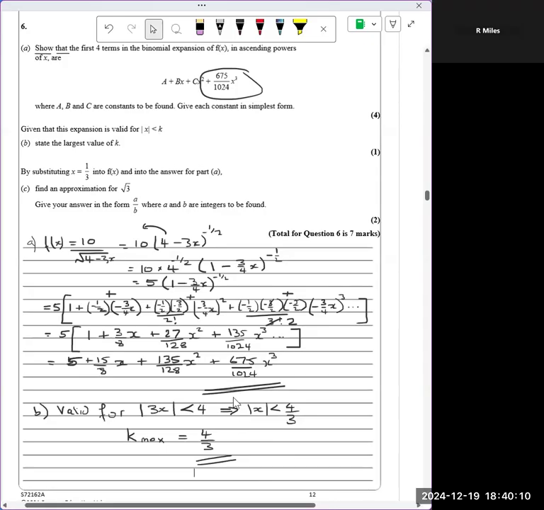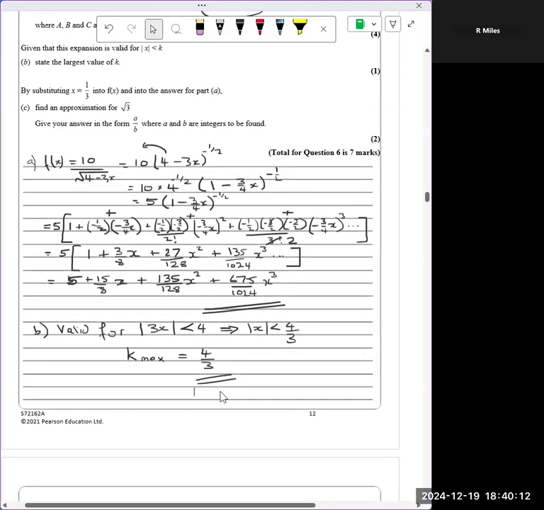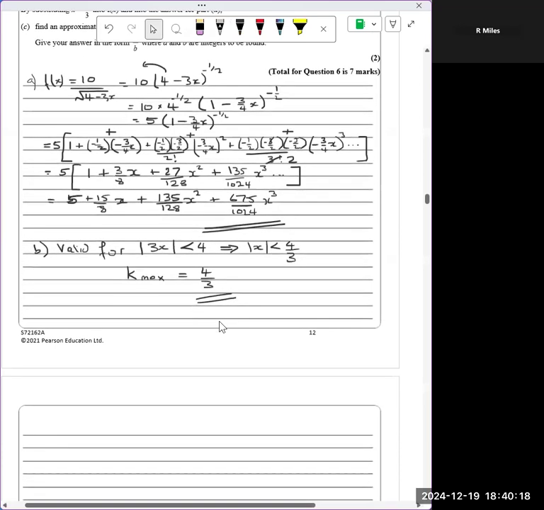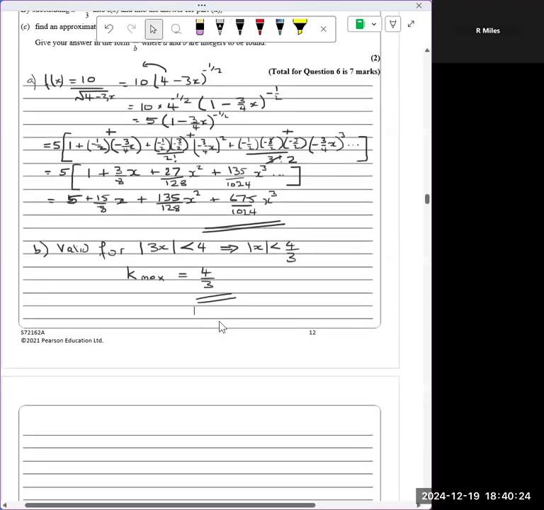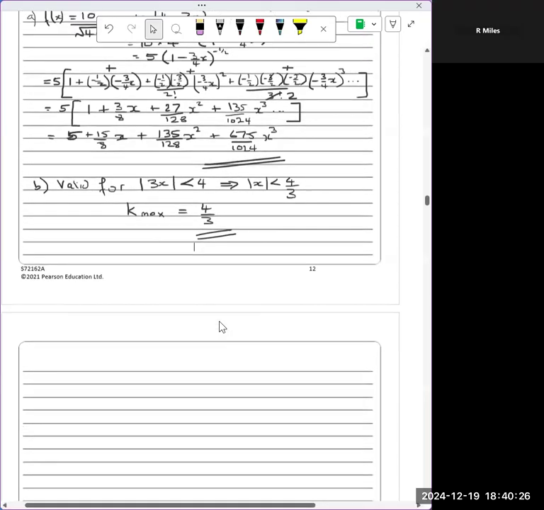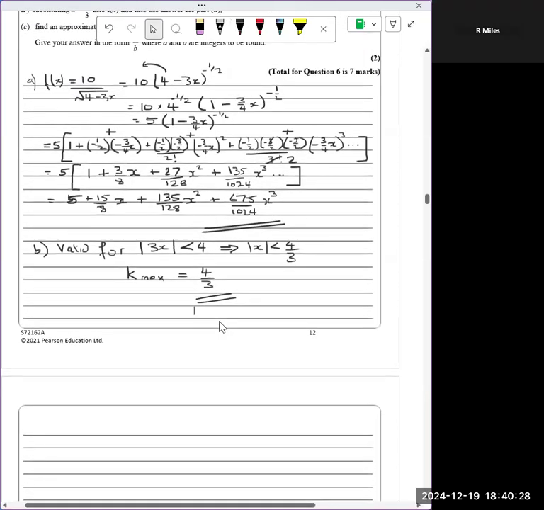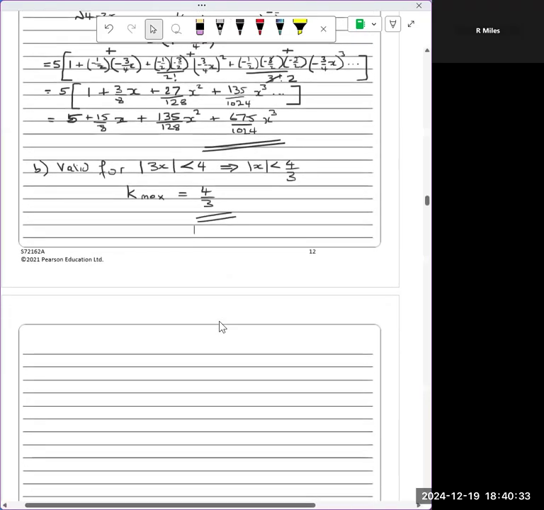but there we are. Right, the next part is a fairly standard sort of question where they're asking you to substitute a value in to find an approximation of a root. This is where the fractions get a little bit nasty, I think. So we're subbing in 1/3. We need to sub a third into the original function and into the approximation. So the first thing probably is to do the actual function.